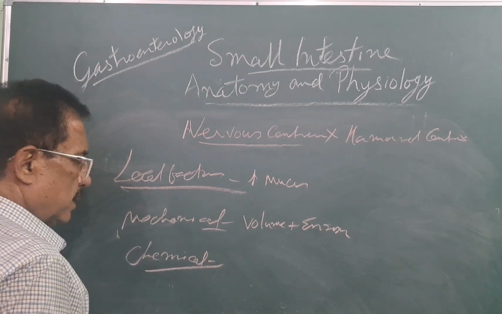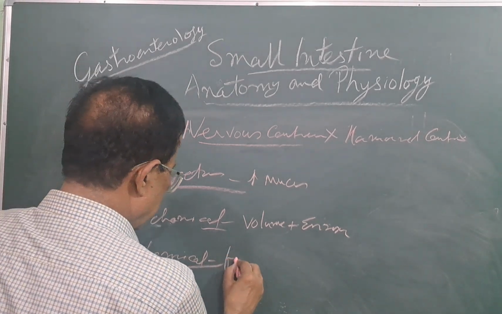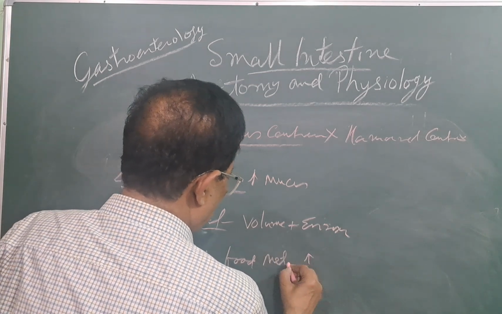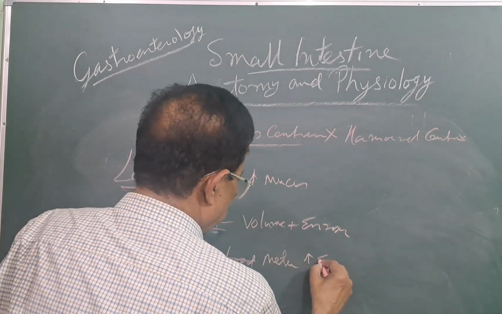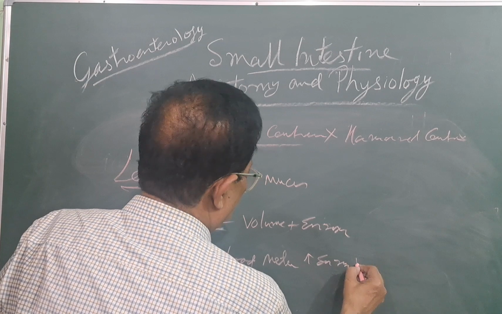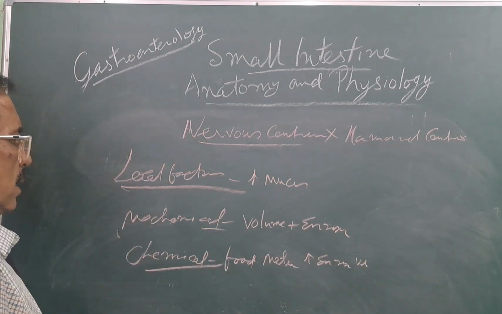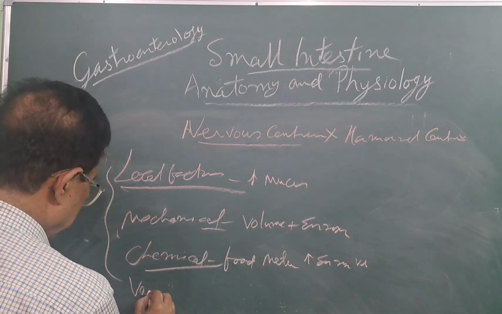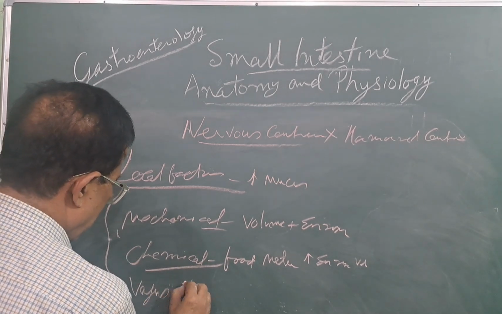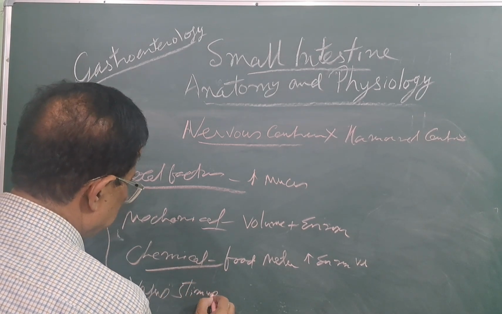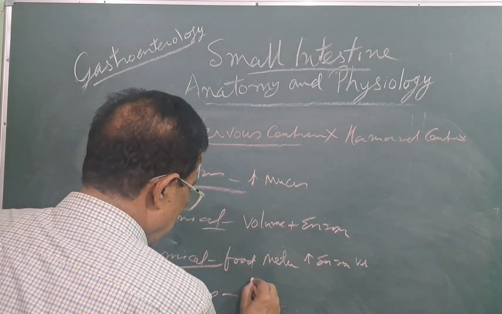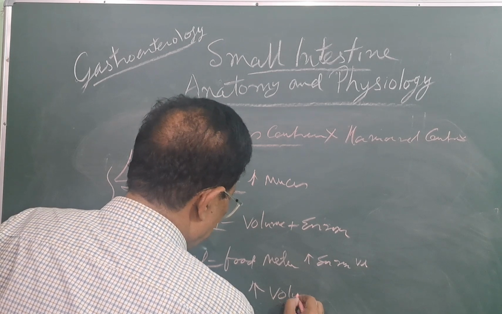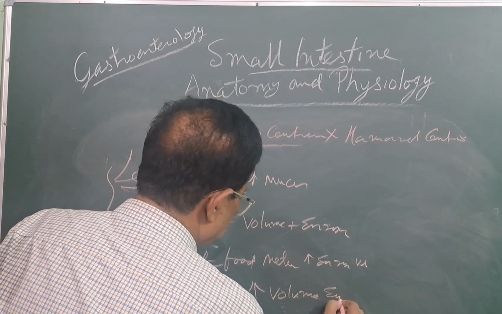Then chemical: some chemicals present in food materials stimulate enzyme and volume secretion. Vagus stimulation leads to increased volume and enzymes.